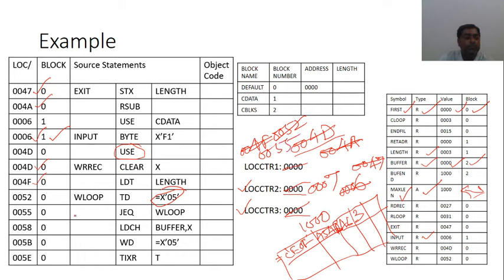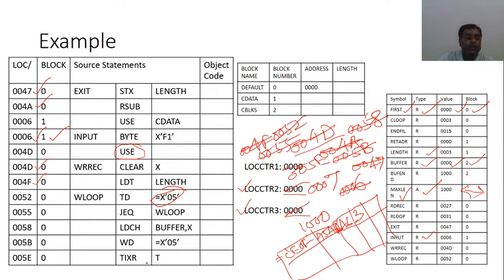Now after this instruction 55, this is also a format 3 instruction. The next value will be 0058. So this will be 0058. This is also a format 3 instruction. Next value will be 005B. This value will be 005B. This is also a format 3 instruction. The next value will be 005E. 005E.